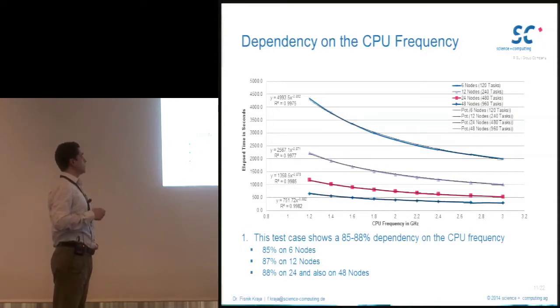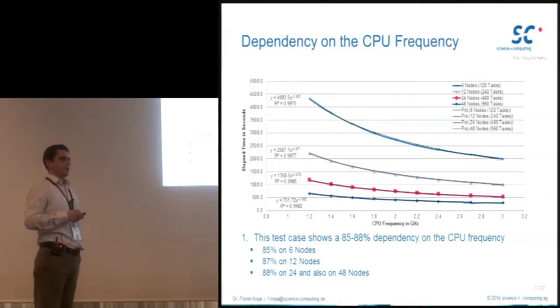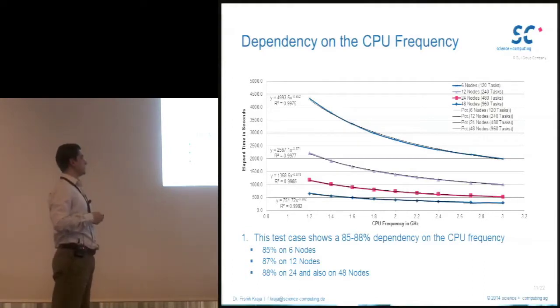We put these numbers in this chart and then include potential trend lines that should mimic the dependency on the CPU frequency, since the CPU frequency is the only changing factor here.